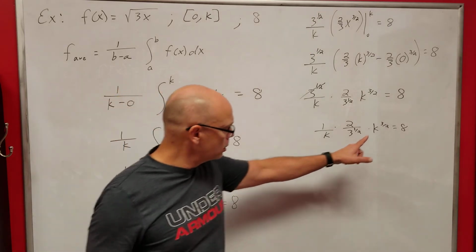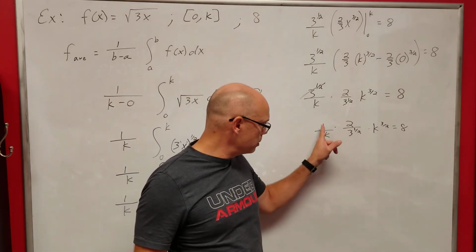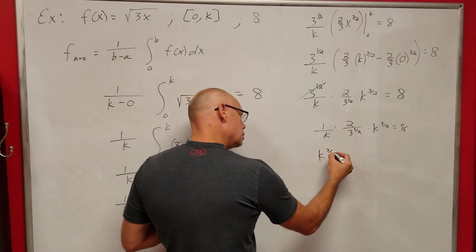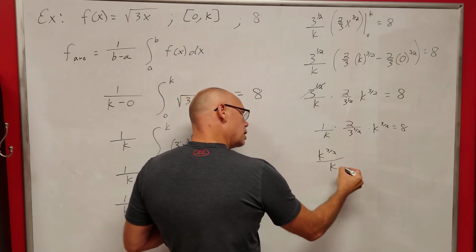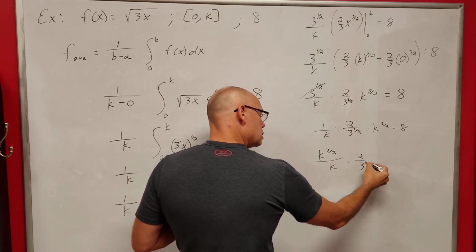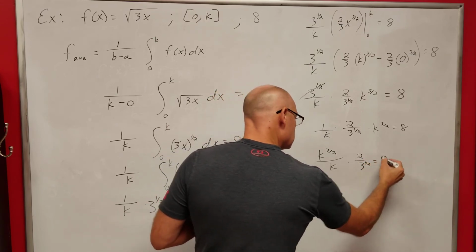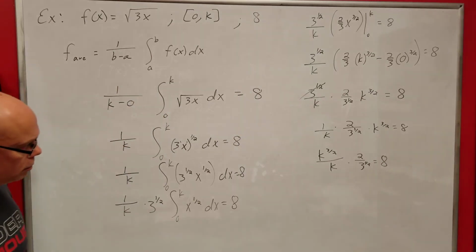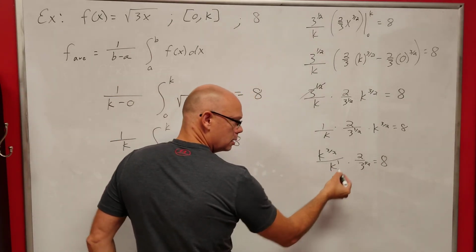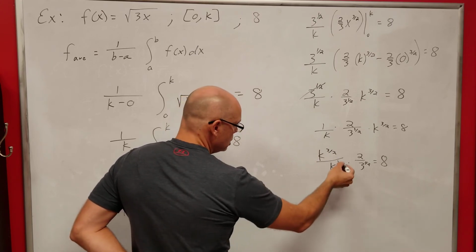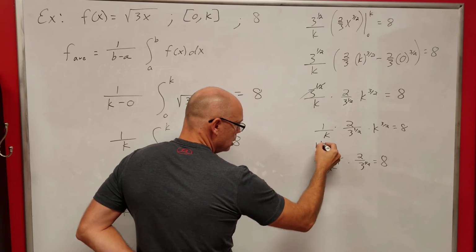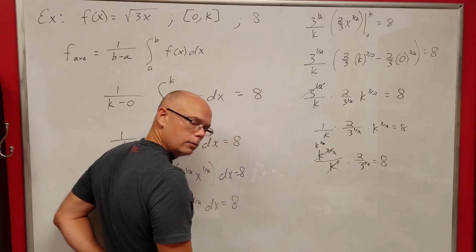Now, could I take the k to the 3/2 and multiply by the 1 up here to give me k to the 3/2 over k times 2 over 3 to the 1/2 is equal to 8? Now, what's understood on this k is my exponent, a 1, right? So this k divides out with one of them here, so I'm left with k to the 1/2.